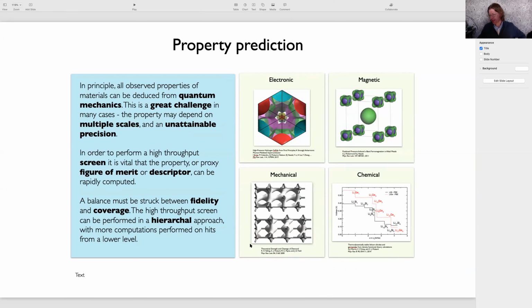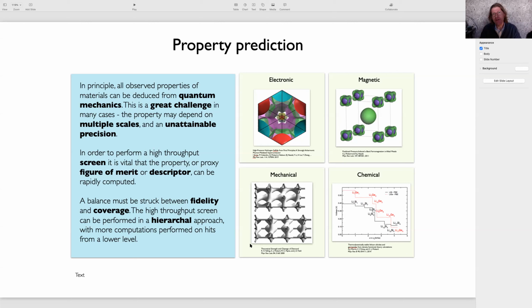Okay. So thermodynamics is probably the key thing that you want to discuss when you're doing high throughput calculations. It tells you whether things are stable or not. But if you're a materials scientist trying to design a new material, it's not interesting per se whether something is stable or not, unless it has interesting properties. So it's actually the properties of the materials that are most interesting. In principle, we can calculate these properties using quantum mechanics. But in many cases, these calculations are difficult and possibly unattainable with sufficient precision.